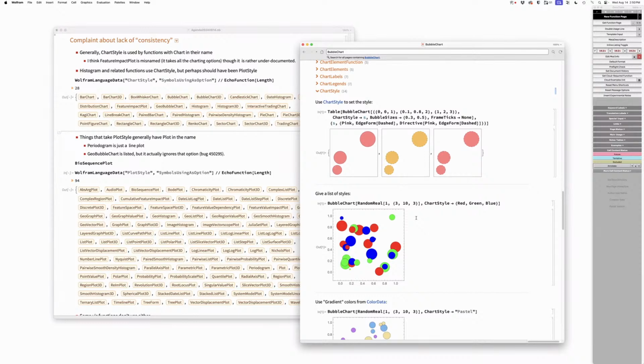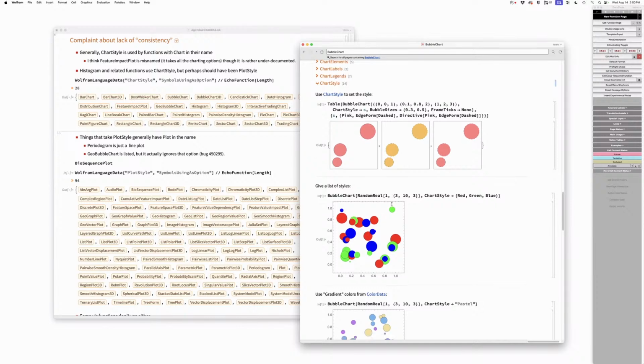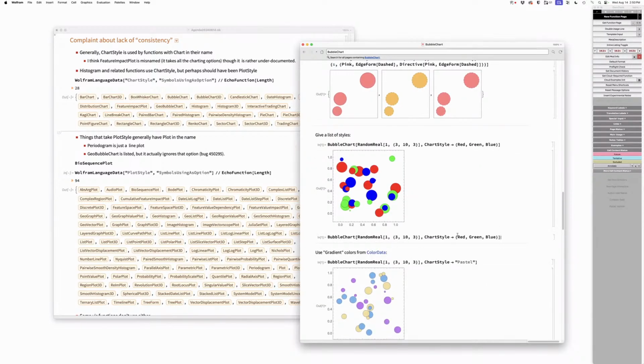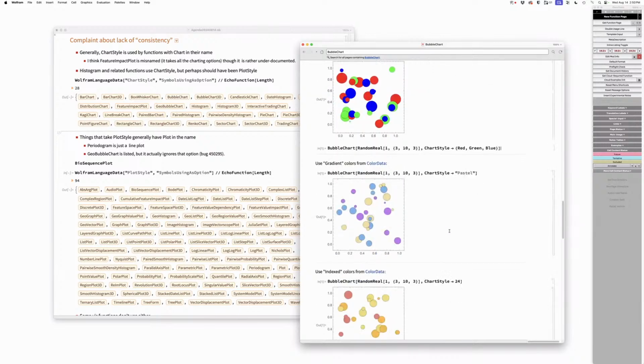Okay. I mean, that looks unbelievably like a PlotStyle to me. Well, I mean, give it the specification, right? A list of list specification, and there's probably one farther down that does that.